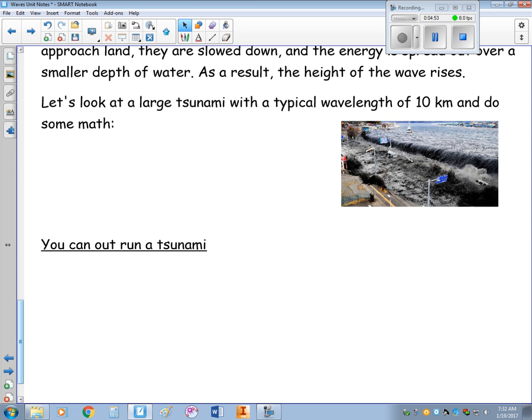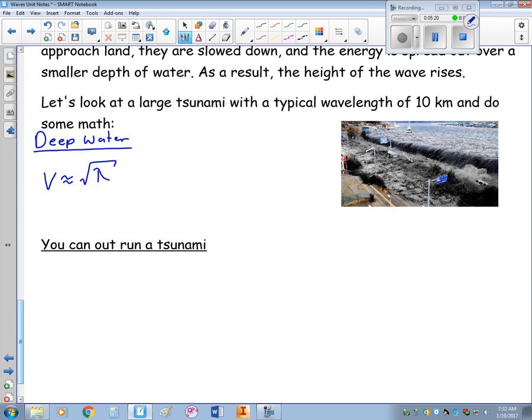So let's do some math for that. First off, in deep water, the speed is roughly equal to the square root of the wavelength.